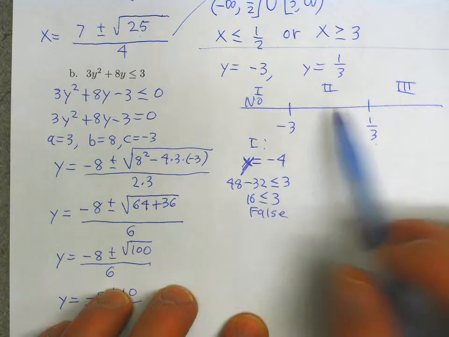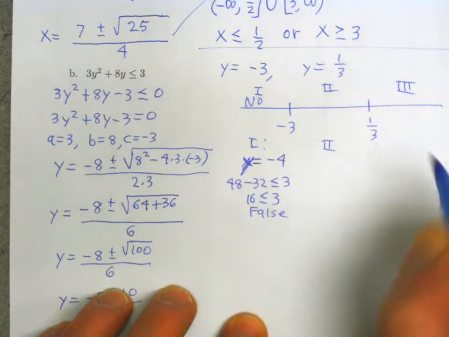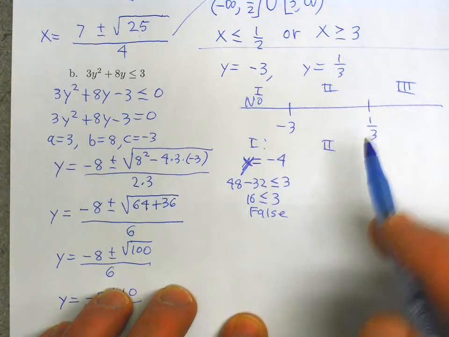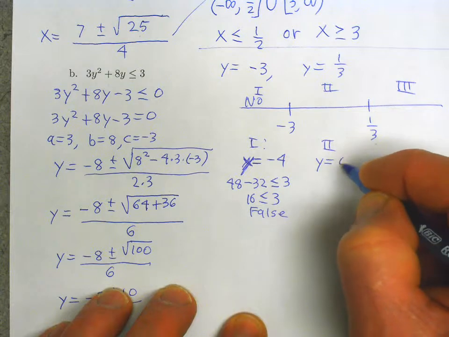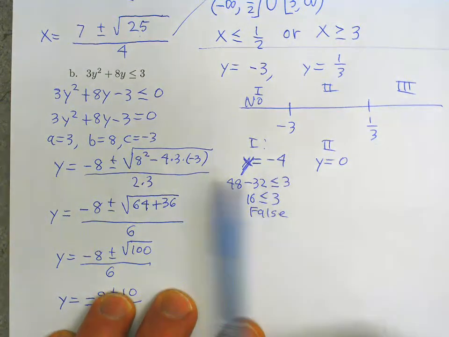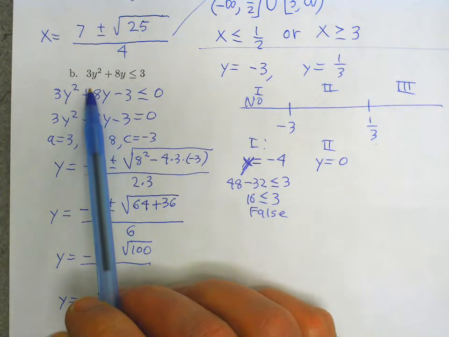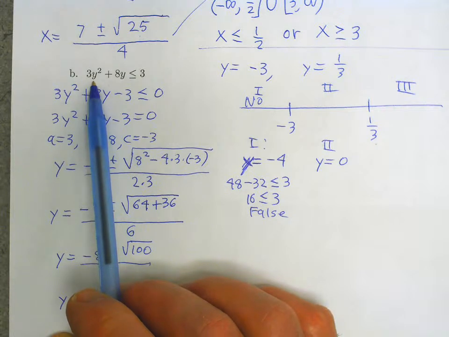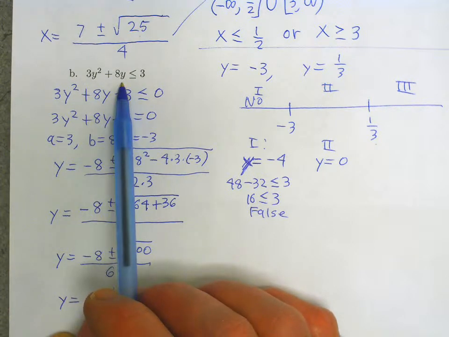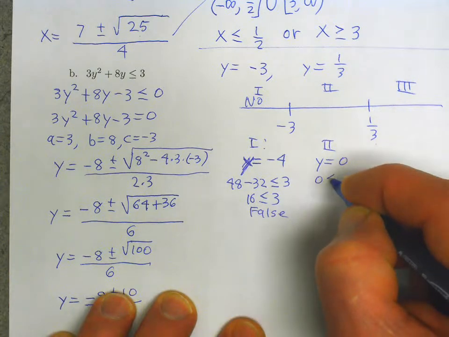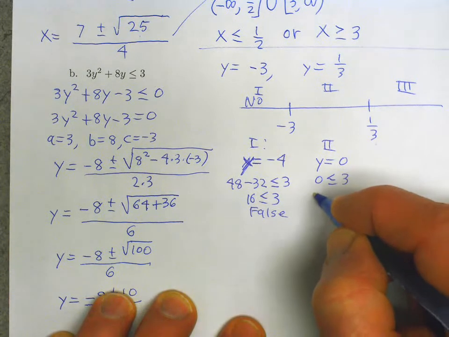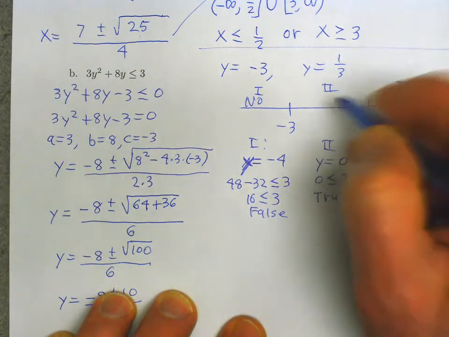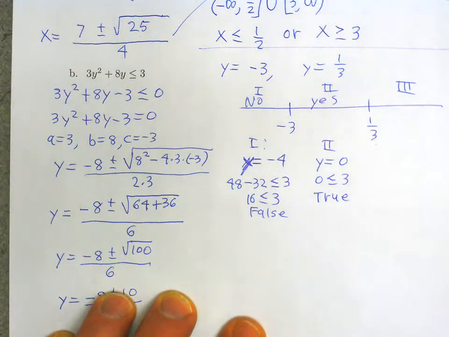In the middle interval, 0 is in this interval, so that's what I'll pick for our test point. And then either of the inequalities can be used. If I use the top one, replace every y with 0, we get 0 less than or equal to 3. And that one is true. So the numbers between -3 and 1/3 are solutions.